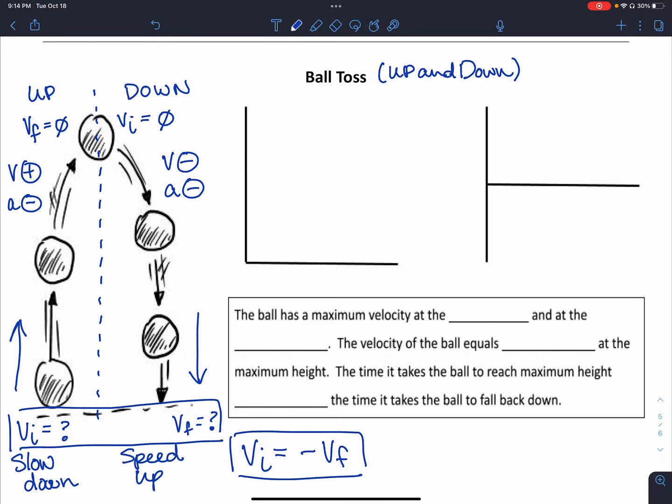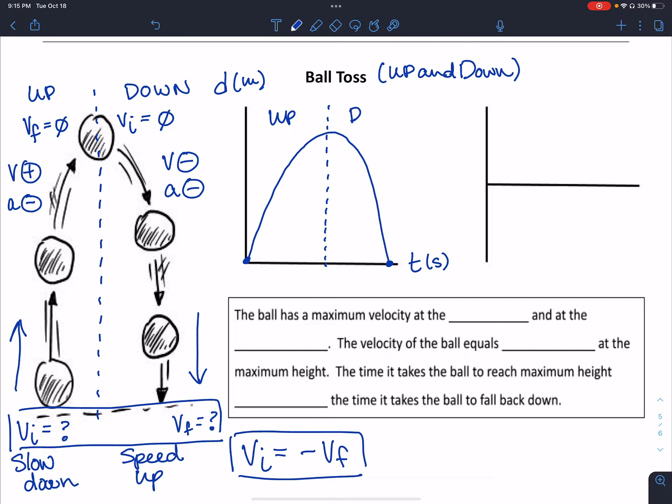For our graphs, we're just going to take our two graphs from before and put them together. So the object starts close and slows down as it reaches maximum height and then speeds back up as it comes back down towards us. You can see we can split this in half and we have our two parts, our up portion and our down portion.